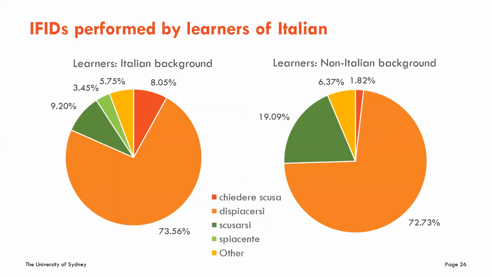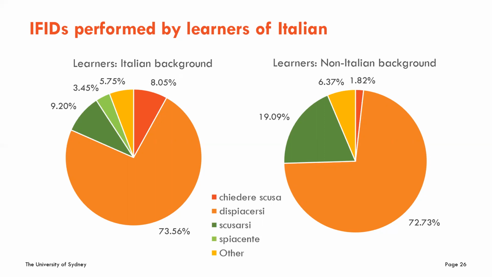When we look at the IFIDs performed by the learners of Italian background and non-Italian background, dispiacersi in both these groups is overwhelmingly the favored IFID. So definitely there across the board, dispiacersi seems to be predominantly the way to go in terms of IFID choice for the learners of Italian. Though I think it is interesting to look at what happens when the learners don't use dispiacersi.